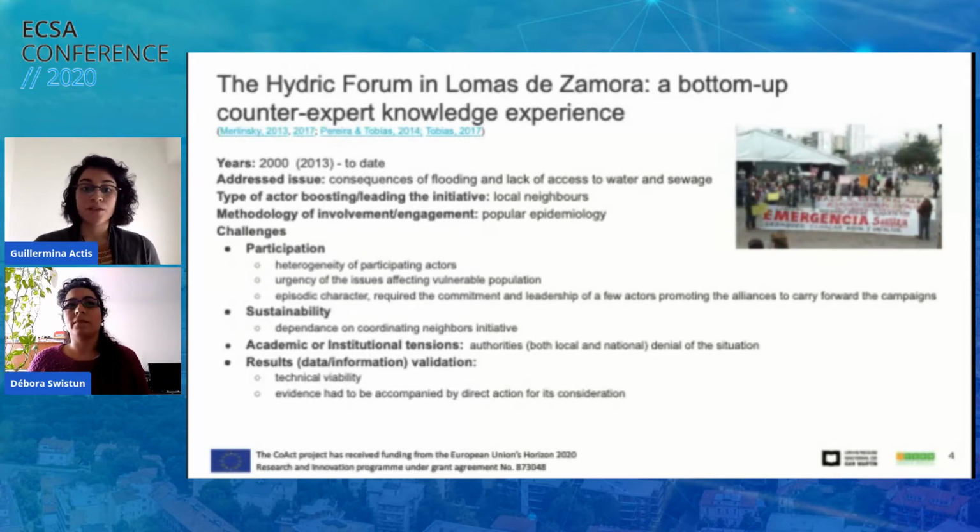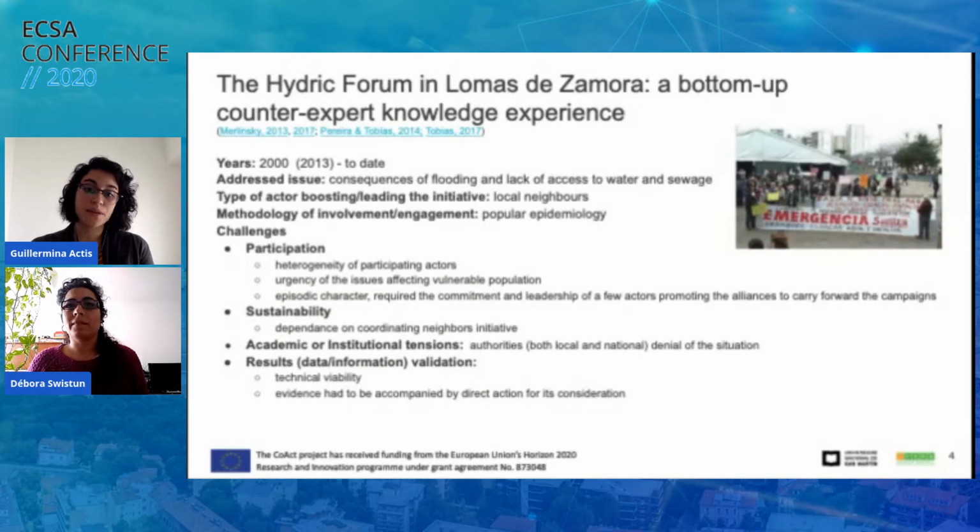The main challenges that we've identified in this case were, in terms of participation, the heterogeneity of participating actors, the urgency of the issues affecting the vulnerable population that didn't allow people to participate in a more engaged way sometimes, the episodic character of the involvement of the participants, and the necessity of actors promoting the alliances to carry forward the campaigns.